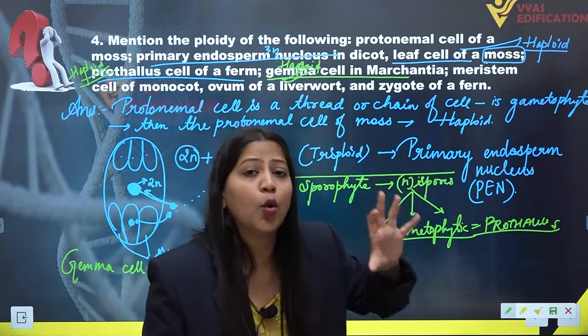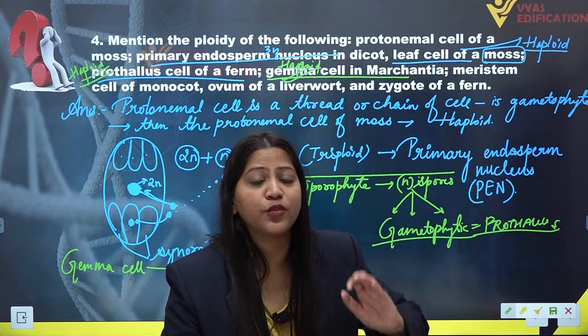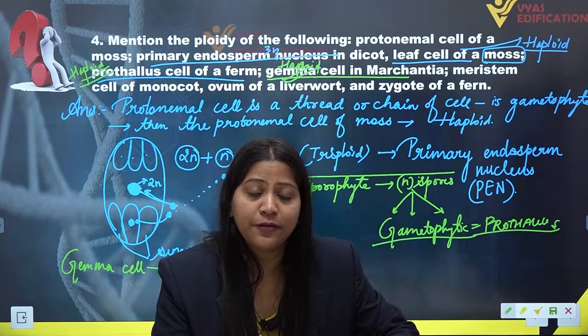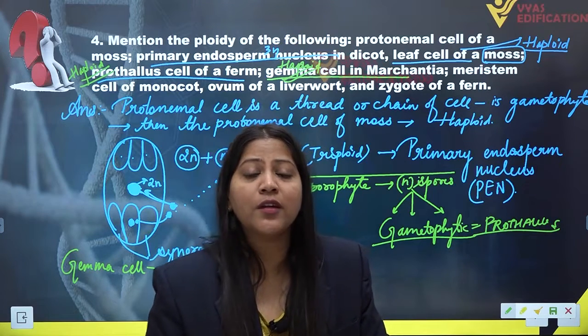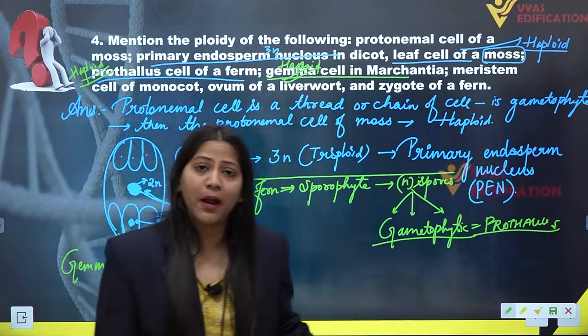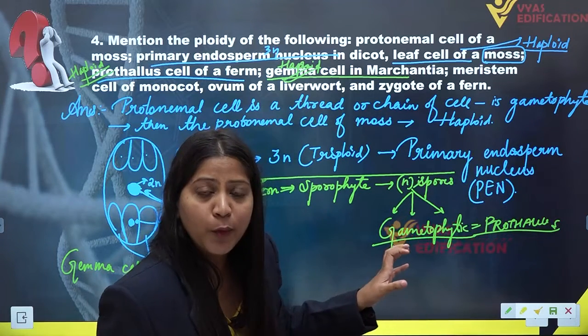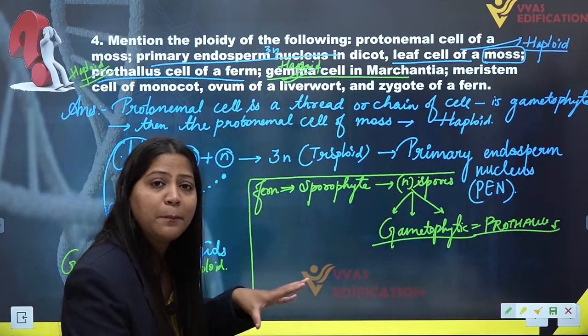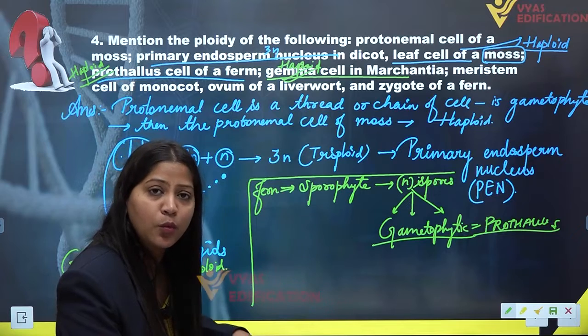Meristem cells are the totipotent special cells which give rise to different parts or structures of the plant and help in elongation and development of the plant.